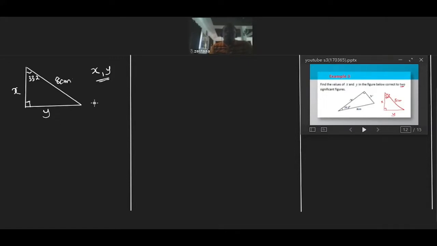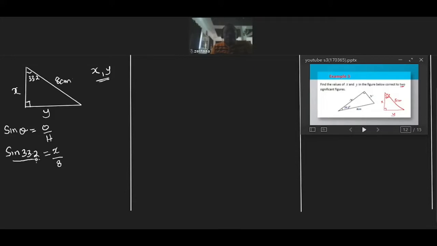So we are going to make use of the hypotenuse. What does this mean? It means that we can use either the cos or the sine. Let's use the sine. Sine theta is the opposite over the hypotenuse. So sine of 33.2 is equal to the opposite, which is x, over the hypotenuse, which is 8.